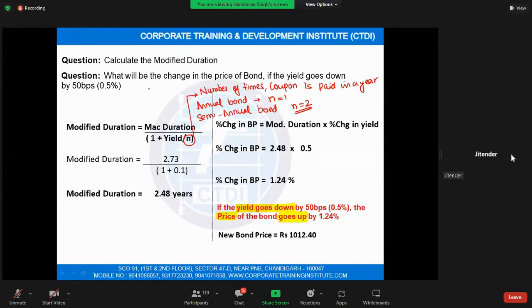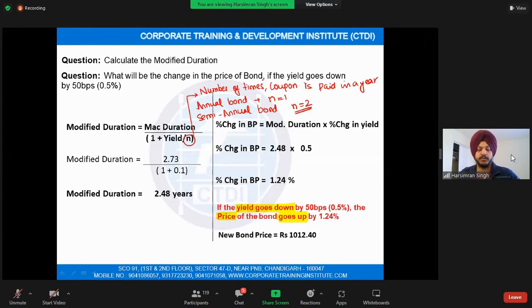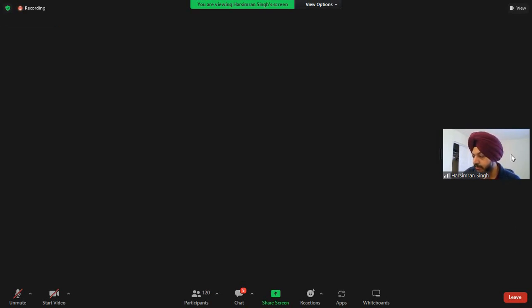Now, this is the second question: what is the change in the price of bond if yield goes up or down? Yield is the market rate, it can go up or down. So this is the formula. Percentage change in bond price is equal to modified duration into percentage change in yield. Okay. So here is your modified duration and this is your percentage change in yield.